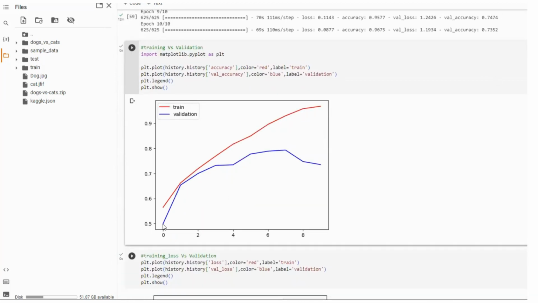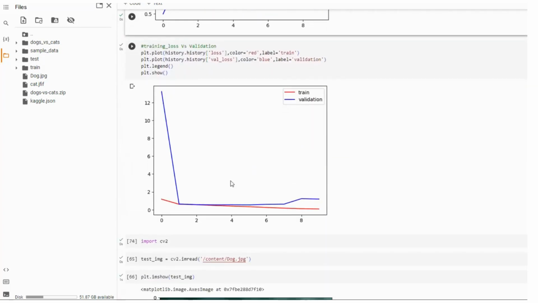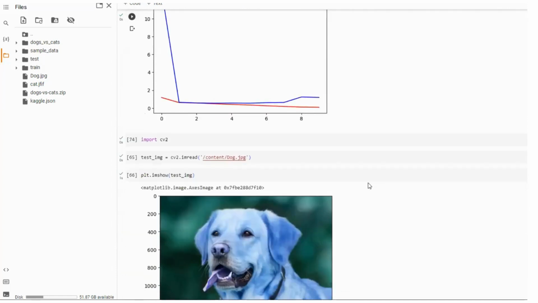After the first epoch, the validation accuracy remains somewhat constant, and the small distance between these two curves shows that the model is not overfitted. Similarly, the loss is very much minimal and is reduced over the number of epochs that we have used.